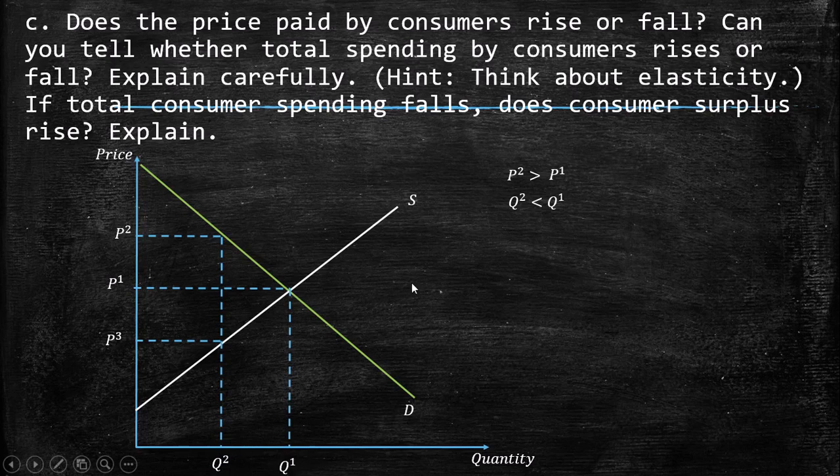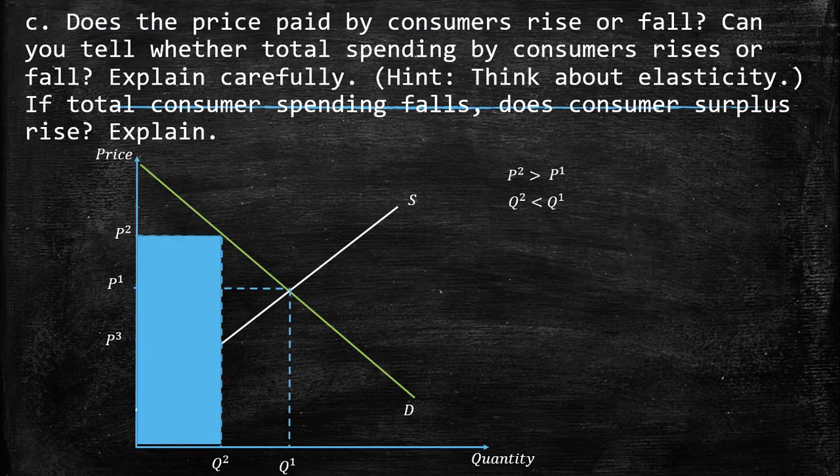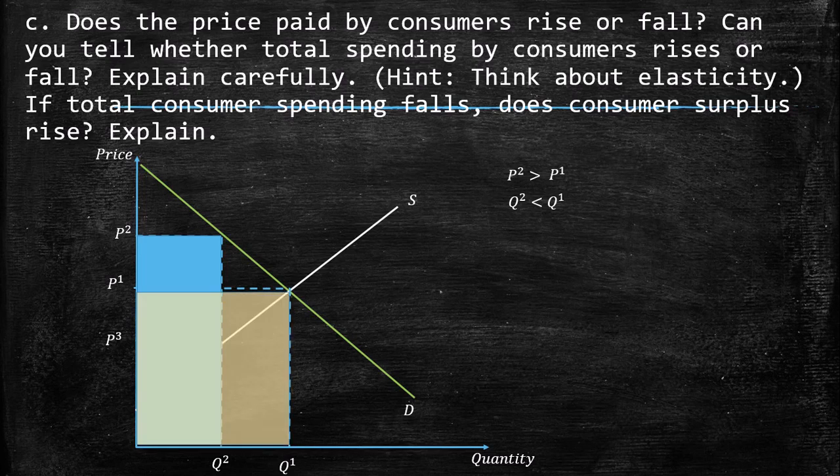So what does it mean? It means that we have to compare these two areas. The first area, this beige area, is going to be P1 times Q1, which was the case of the equilibrium in the free market. After the tax, we have P2 Q2. So we have to compare both areas and see which is larger. So it will depend on elasticity.